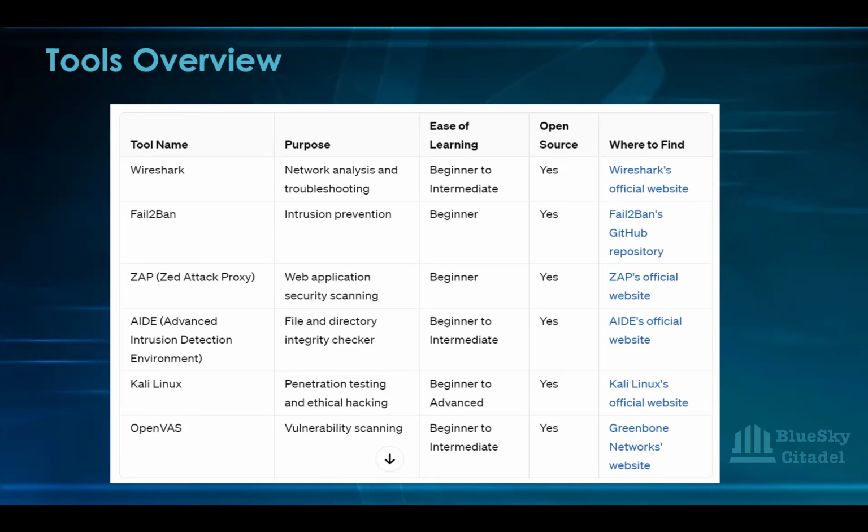So that is a file and directory integrity checker. So this checks whether files and folders have been tampered with, if somebody has gotten unauthorized access to them or not. Okay, so this helps to do that.